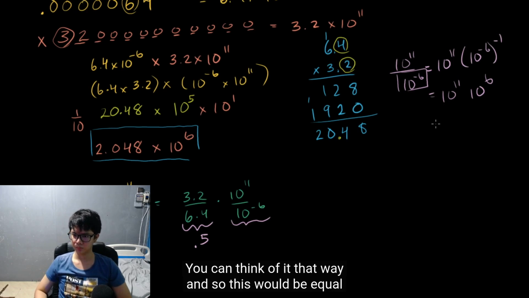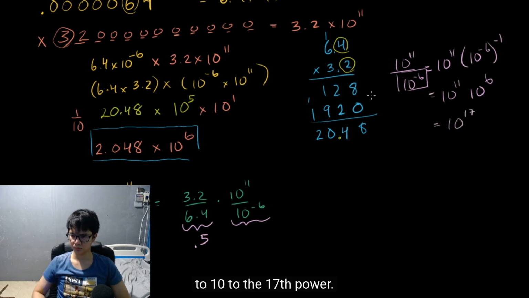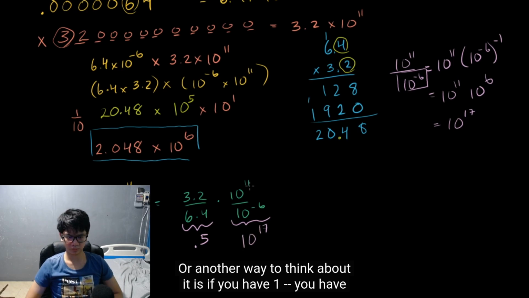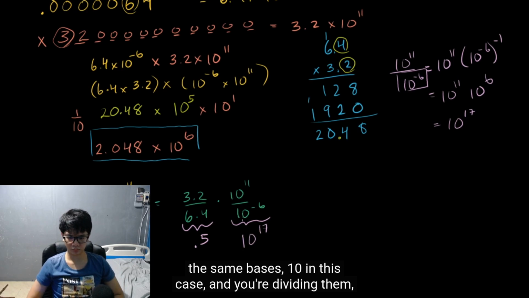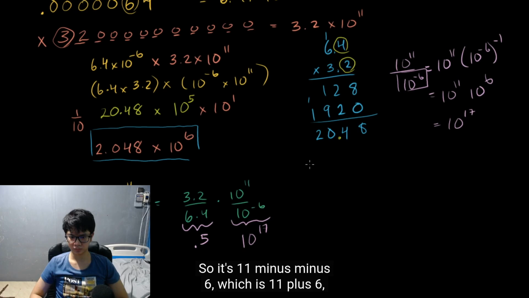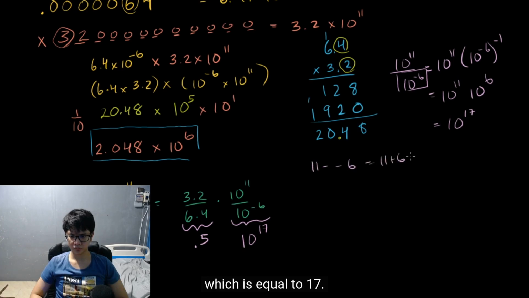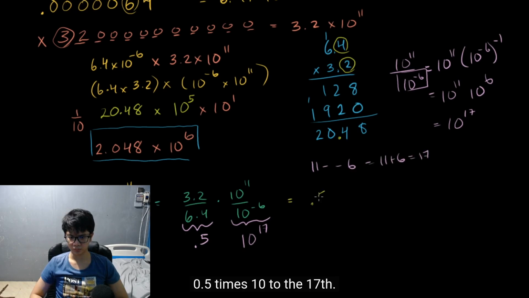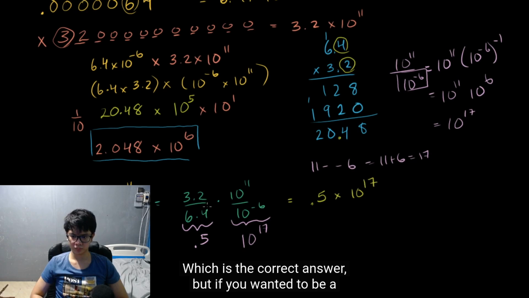So this is equal to 10 to the 17th power. Another way to think about it is if you have the same bases, 10 in this case, and you're dividing them, you just take the exponent in the numerator and subtract the exponent in the denominator. So it's 11 minus negative 6, which is 11 plus 6, which is equal to 17. So this division problem ended up being equal to 0.5 times 10 to the 17, which is the correct answer.